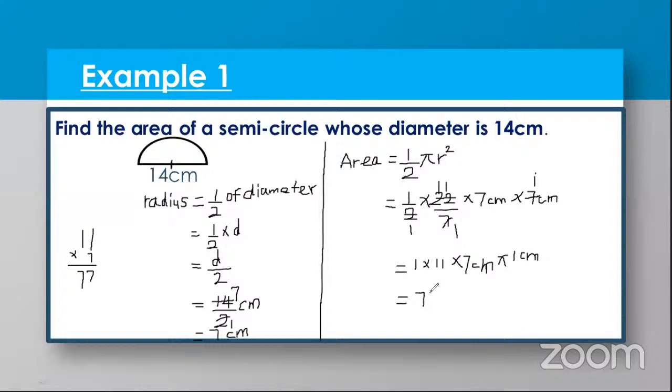So my answer becomes 77 squared centimeter. Or you can write it as squared centimeter like this. So this is how we get area of a semicircle.